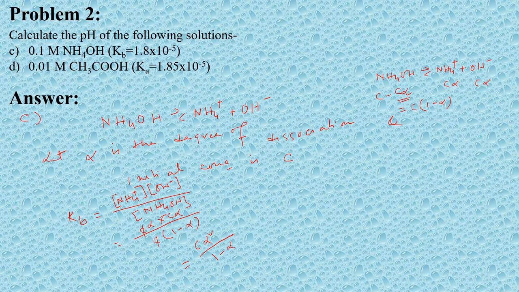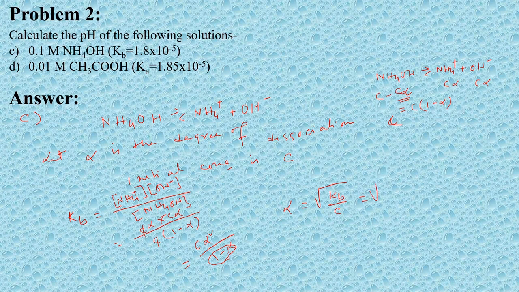Now this alpha is actually very small, so we just ignore this portion. So alpha can be identified as the square root of Kb by C.